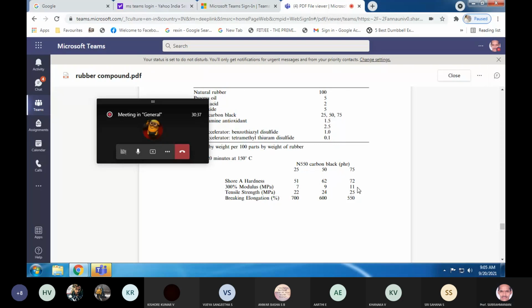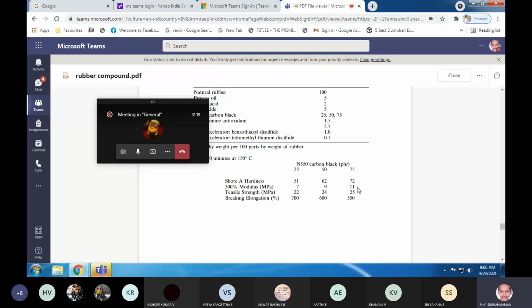Compared to NR, chloroprene at 75 will have a much higher compound specific gravity. NR is about 1.1 or so, whereas chloroprene may be 1.3 or 1.4.